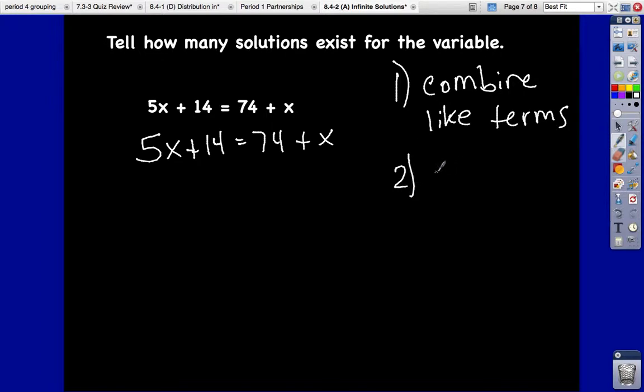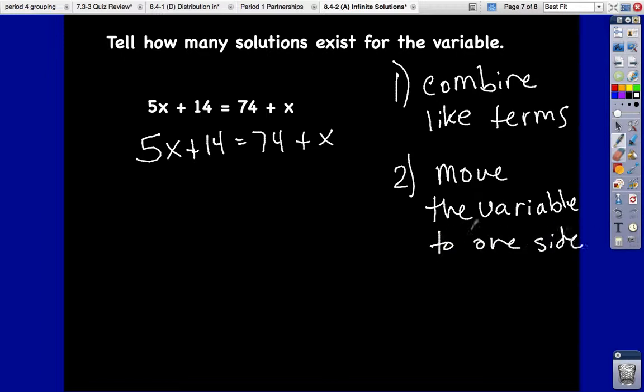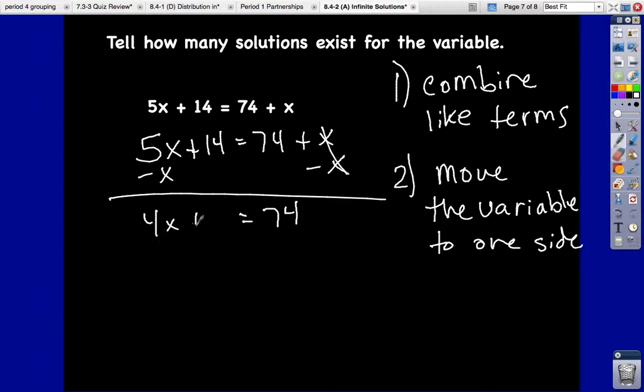Second step would be to move the variable to one side, because there's only one variable, x. So I'm going to start out by subtracting x from both sides. Okay, so this gets me to 0, so I have equals 74. These canceled out. And I have 4x plus 14.